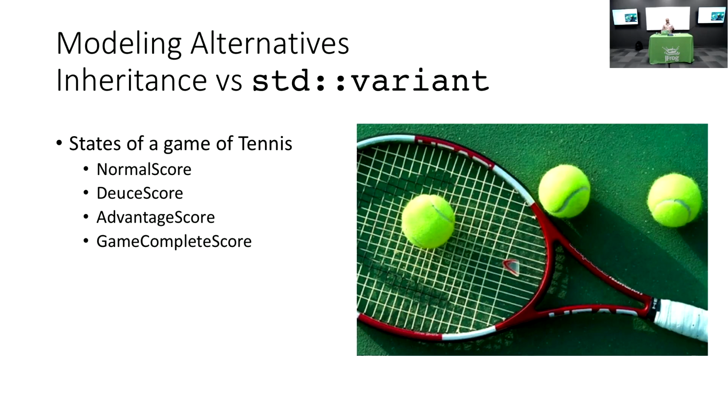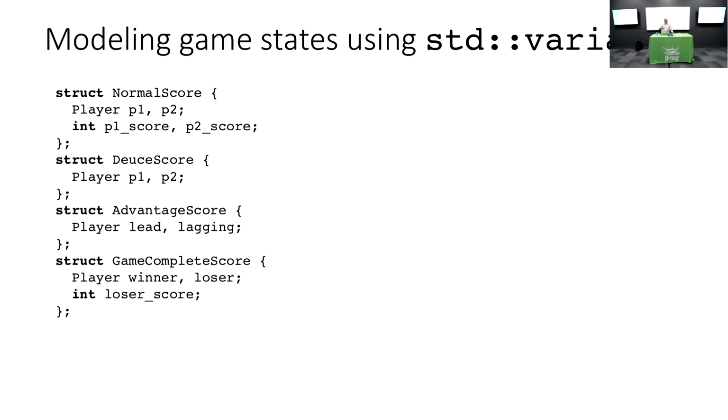We'll use this example to motivate how variants can be used, and we'll compare this with the inheritance approach to modeling alternatives, which would of course be motivated by object-oriented programming principles. So here is how a game state will look.